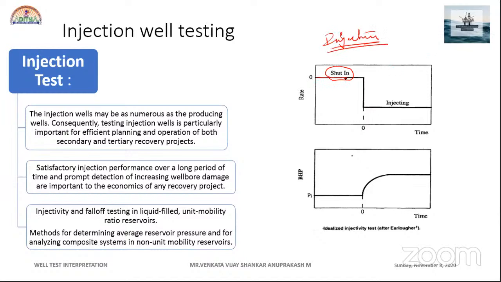At that time no flow will be there, then we start injecting. That is why the graph is below, whereas in the previous cases it is above, because injection is a negative Q, whereas in the previous one it is a positive Q.